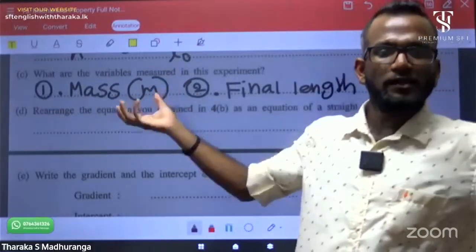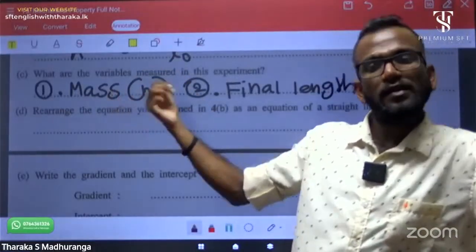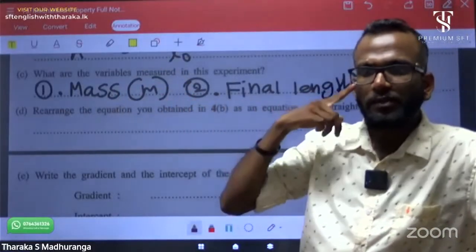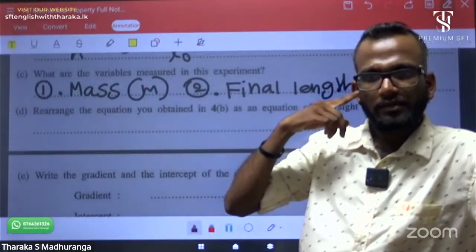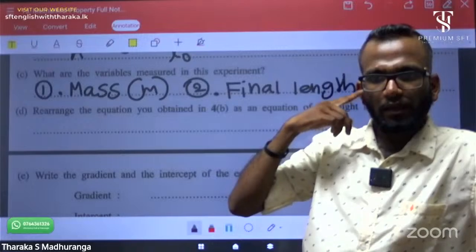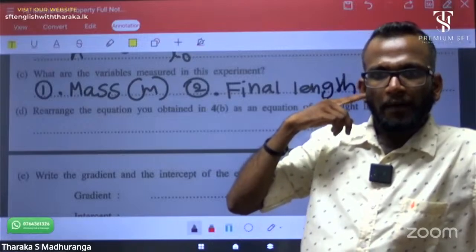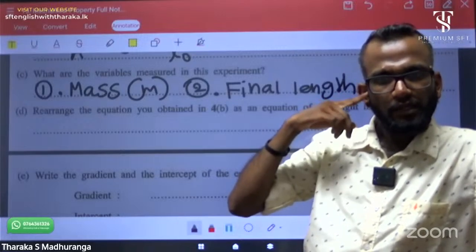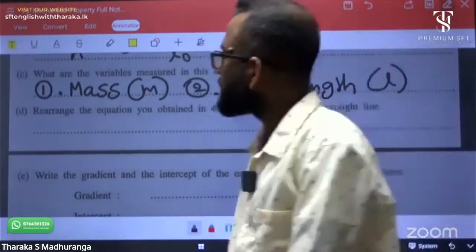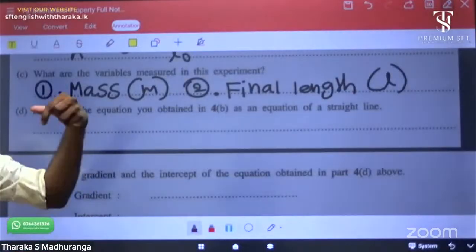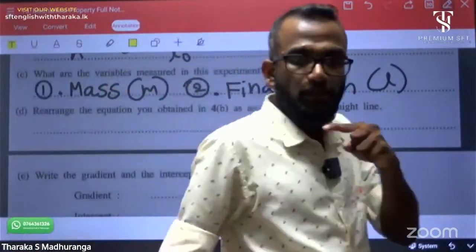Measuring data, mass we can measure, and length, that's all we measure, right? How to rearrange this is the most important thing.